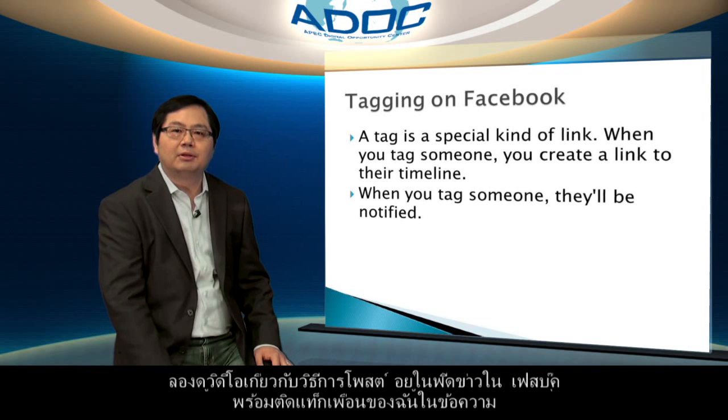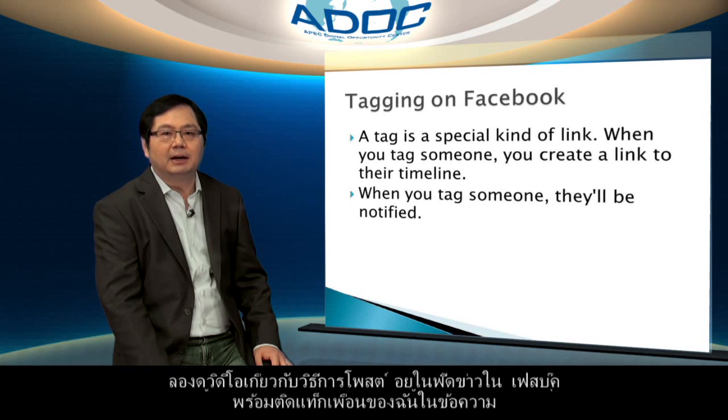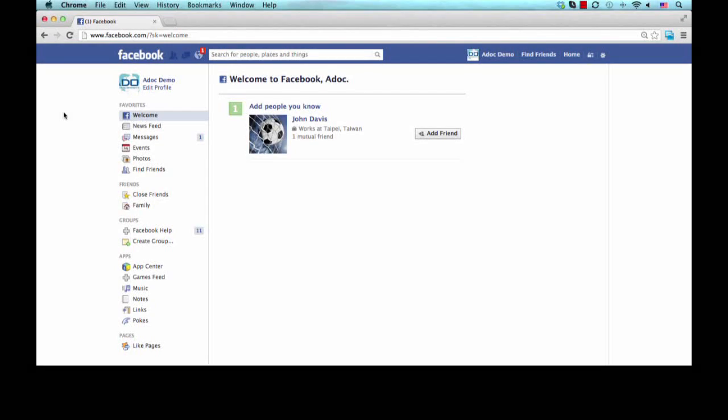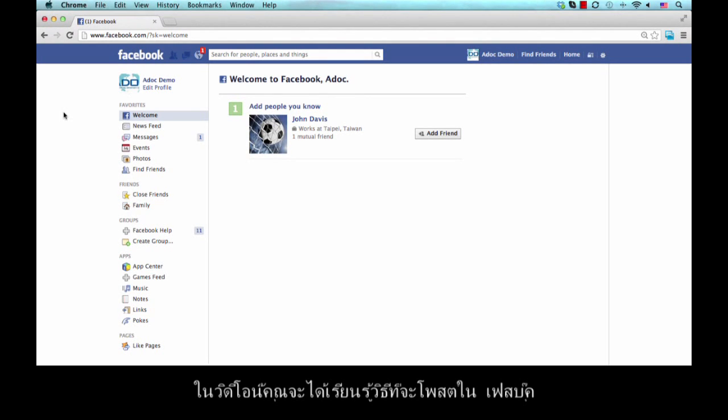Let's watch the video about the way to post in the newsfeed on Facebook and tag my friends in the message. In this video, you will learn the way to post on Facebook. Click on the news feed on the left of your Facebook page.